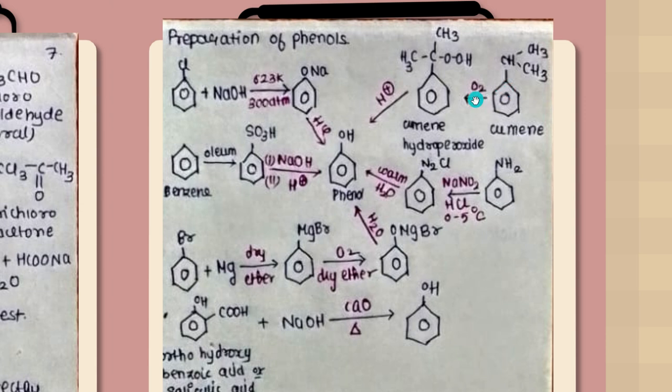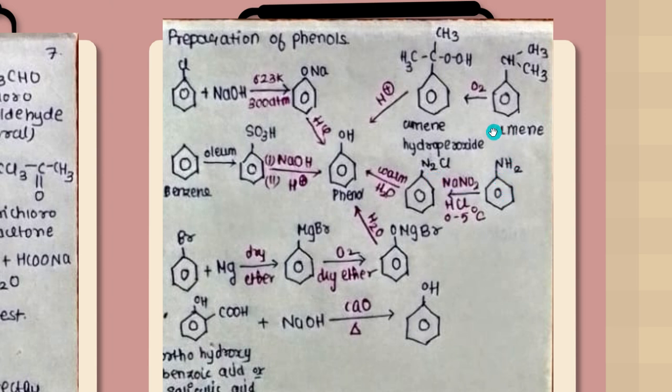This on oxidation, that is O2, gives benzene ring with CH3, C, that is OOH. What is this? Cumene hydroperoxide. This is known as cumene hydroperoxide, which on acidification will give us phenol, right?